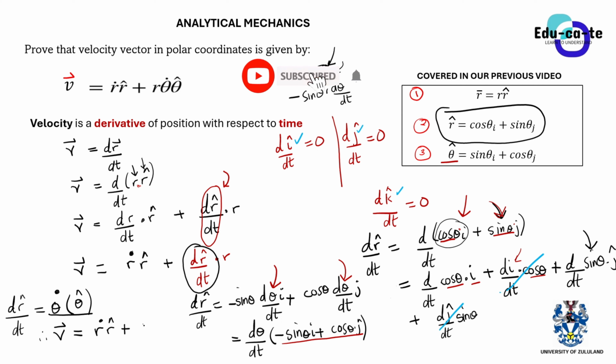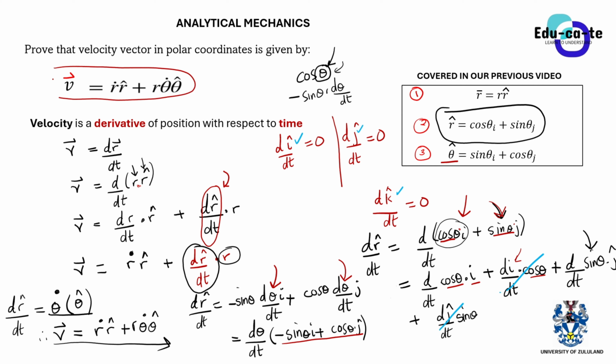So you're going to write theta with a dot on top, theta with a cap on top, and then this is multiplied by r. So this is velocity using polar coordinates. This is practically what we were asked to prove here, that the velocity using polar coordinates is given by r dot r cap plus r theta dot theta cap. So this is how you prove the velocity using polar coordinates.